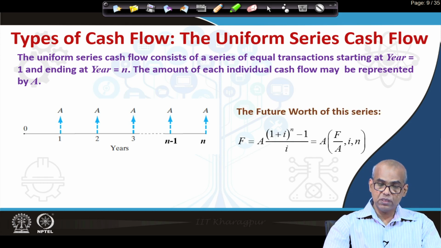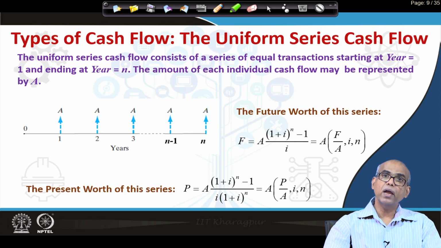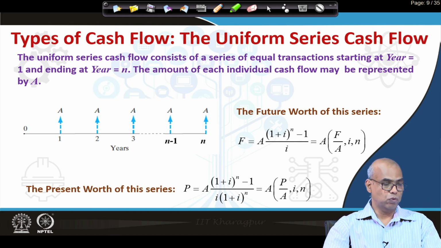The future worth of this series is shown here, and we will see the derivation of these things later. The present worth of this series can also be computed, and we will look at the derivation of these quantities for uniform series cash flow.